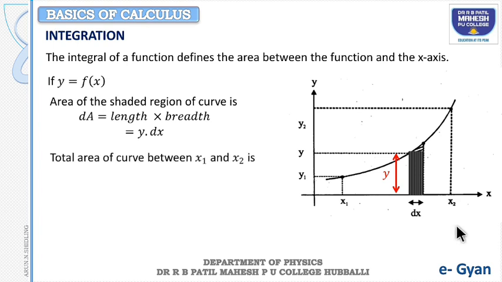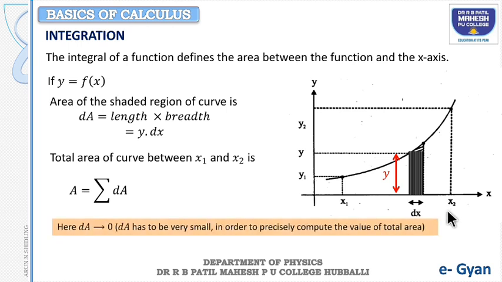Now if I want to find the total area between x1 and x2 under the curve, what I need to do is the summation of dA. I need to add such areas, going on adding from here till here. But if I try to do that, I have a small problem: I will not be able to compute the values very precisely, because I'll be losing such small pieces of area.